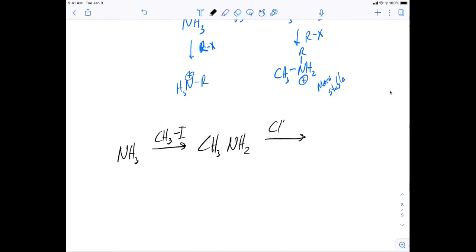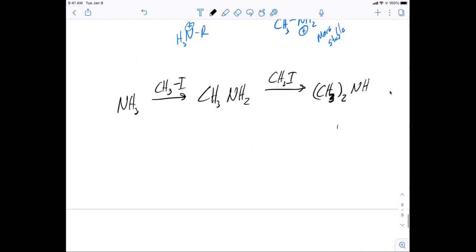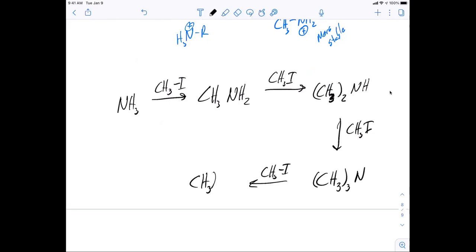But that methylamine can react with more methyl iodide to make the dimethylamine, which can react with more methyl iodide, and potentially even that can react to get to the quaternary.